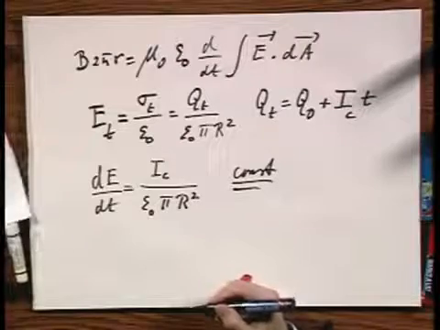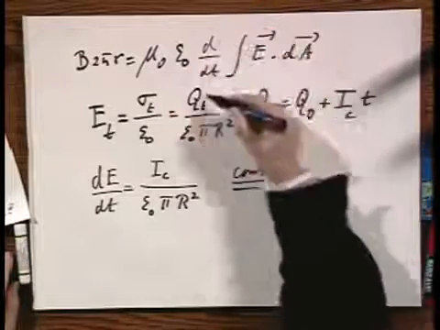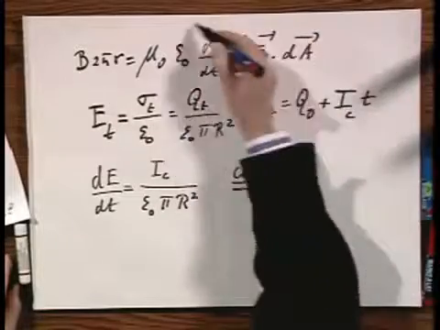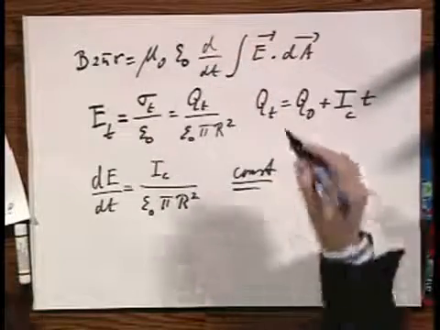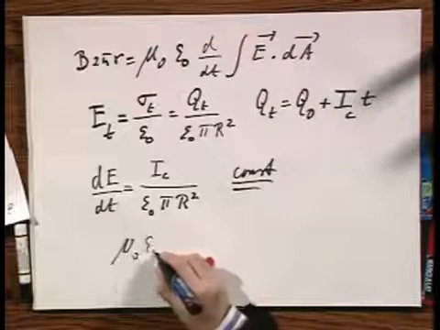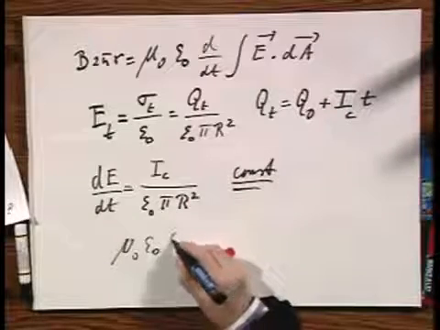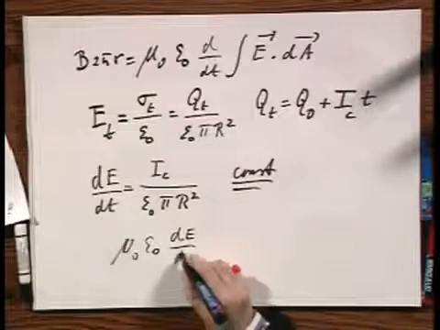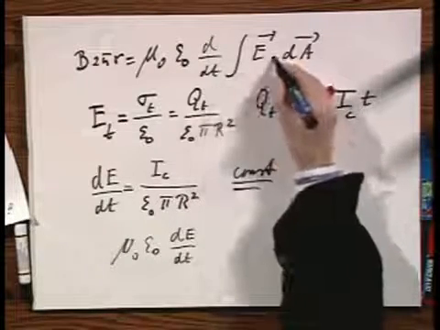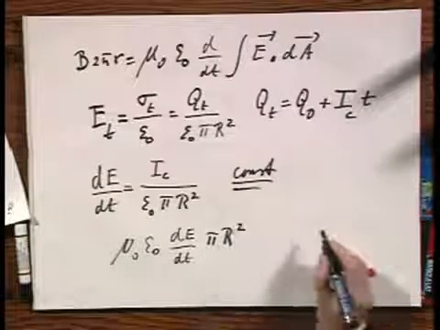All right, so we're well on our way now. We now have to integrate, we have to calculate this term. If we take mu 0, epsilon 0, this term now simply becomes dE/dt times the area, because the dot disappears, they are the same direction, times pi r squared.